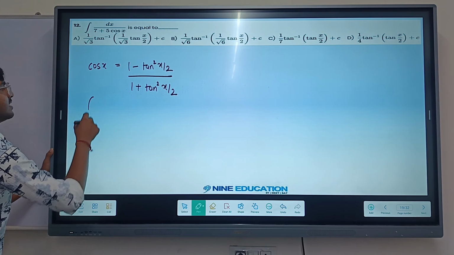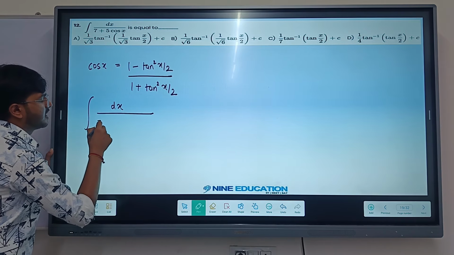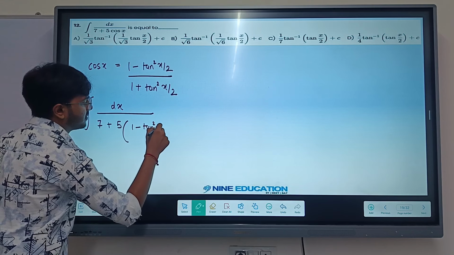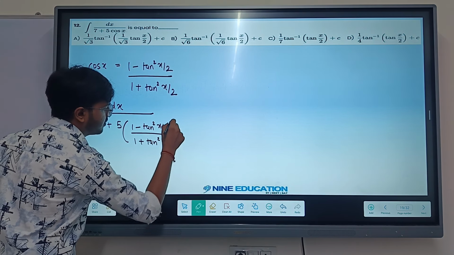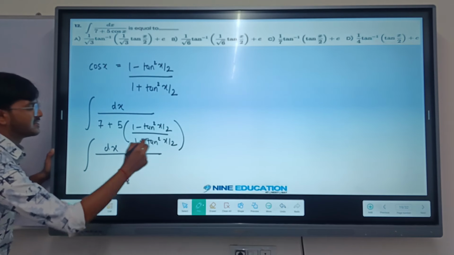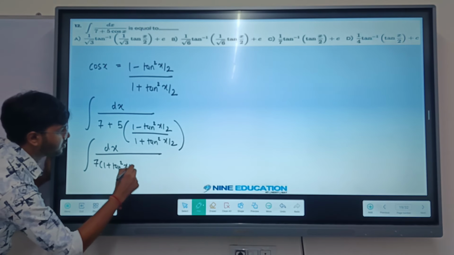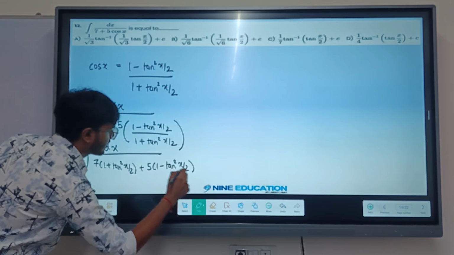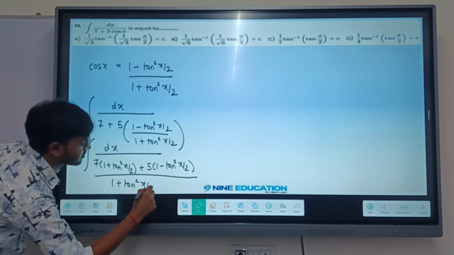So let's simplify this. Integration of dx divided by 7 plus 5 times 1 minus tan square x by 2 divided by 1 plus tan square x by 2. Let's take LCM: 7 into 1 plus tan square x by 2 plus 5 into 1 minus tan square x by 2, divided by 1 plus tan square x by 2.